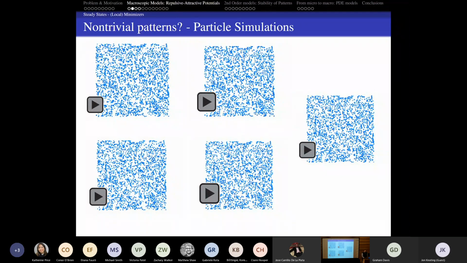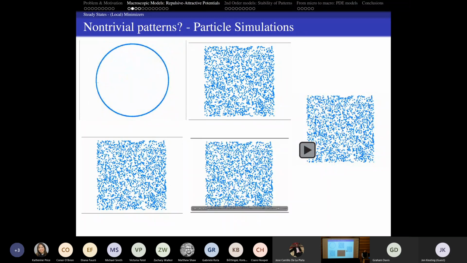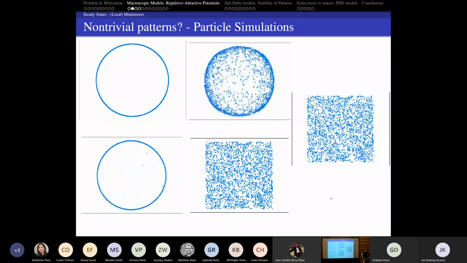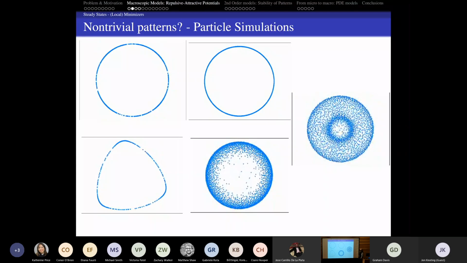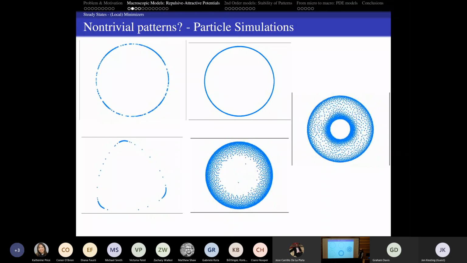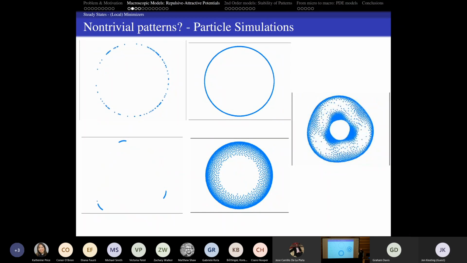So this is where the fun starts, and you say, okay, I'm going to simulate 200 particles chosen at random in the square. I'm going to follow their movement through that law, with different kinds of functions, this potential U that was appearing there.